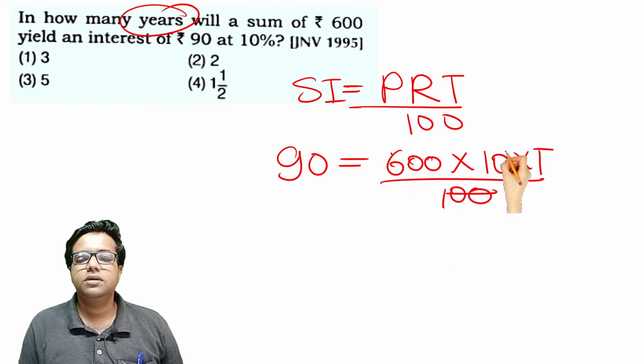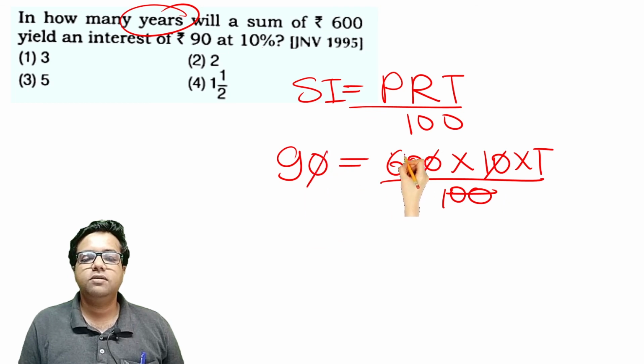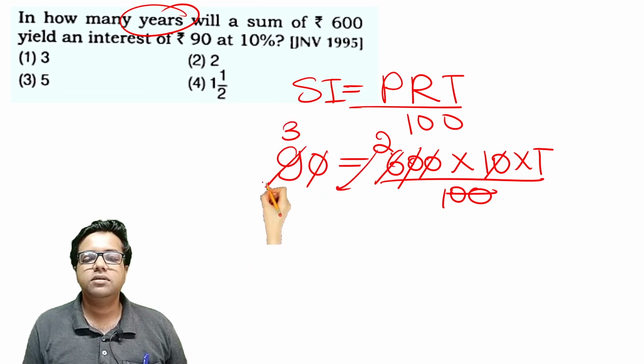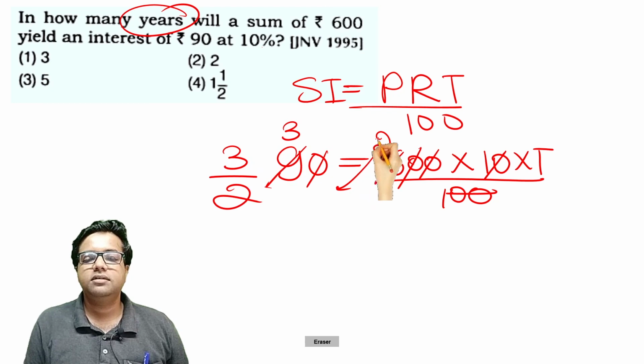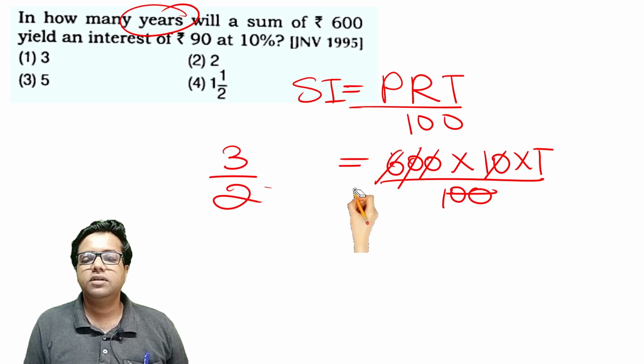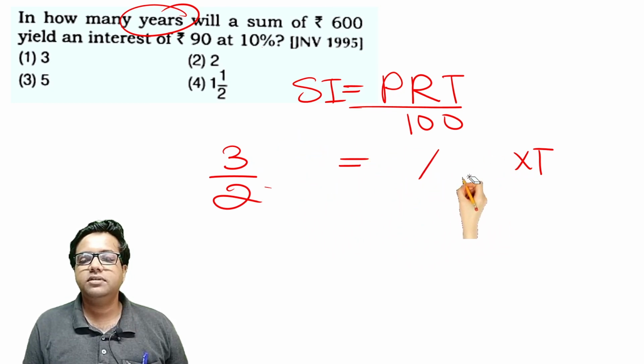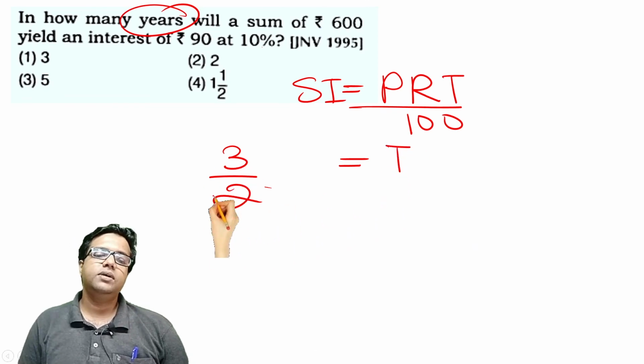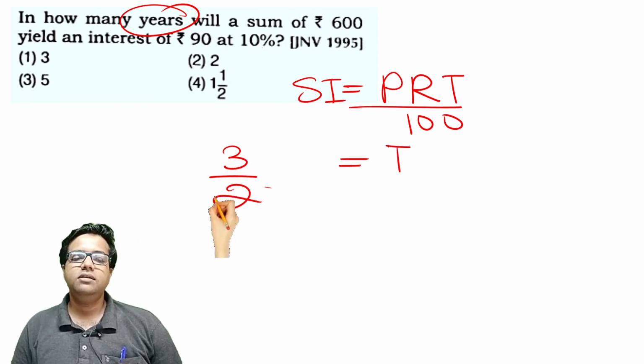2 zeros go away, 1 zero goes away, 3 2s are 6, 3 3s are 9. So 2 goes down, you will get 3 by 2 here, right? Therefore, you are left with 3 by 2 for time. So this 3 by 2 can also be written as 1 and 1 by 2.